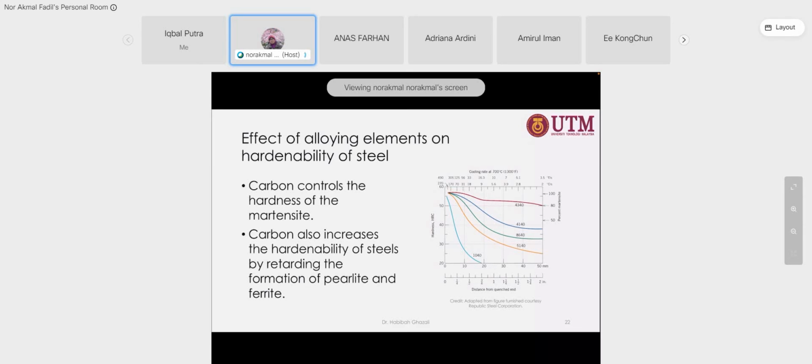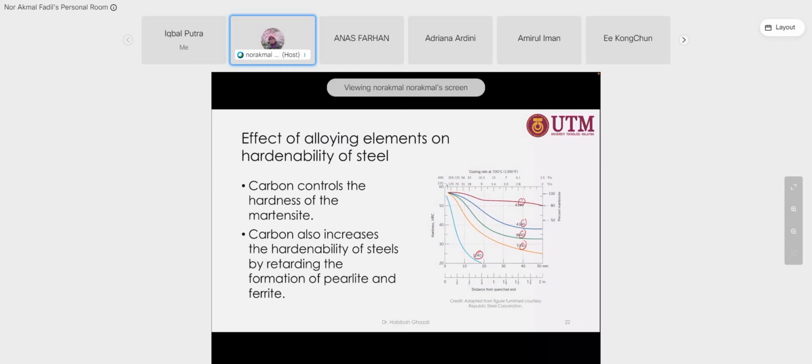Then if you look at this, by increasing the amount of carbon for different grades of alloy steel, in this category they all have the same carbon content but different alloying elements. So by adding alloying elements, you can improve the hardenability of the steel.